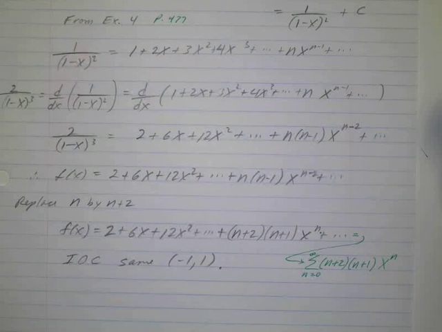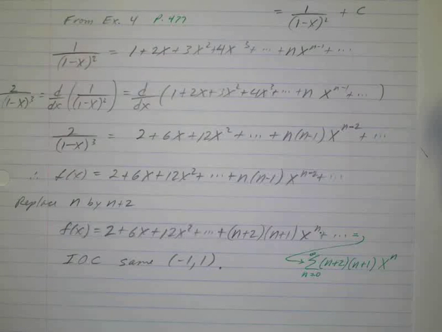which was the same interval of convergence as the original function, 1 over (1 minus x). That interval of convergence was between negative 1 and 1, because that was just the original. If you look on the bottom of page 477, example 4, you see that we started with 1 over (1 minus x), which is just the geometric series.